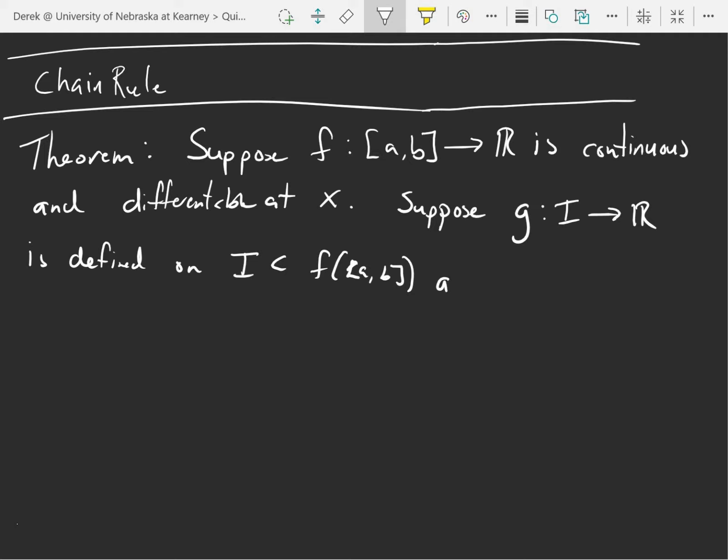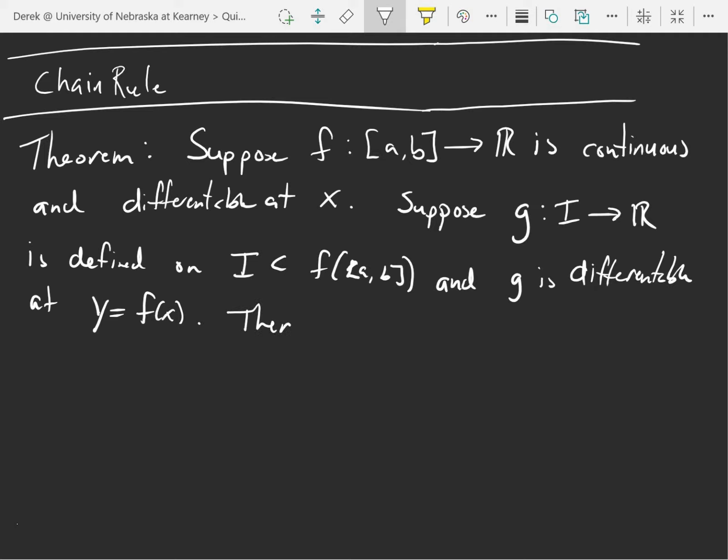That means that I can actually compose these two things together. And g is differentiable at y equal to f of x. So f is differentiable at x. We want g to be differentiable at f of x.